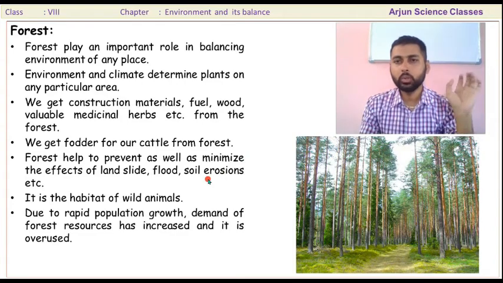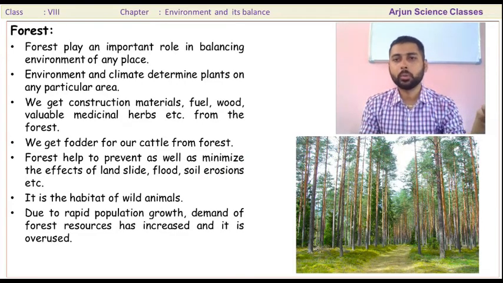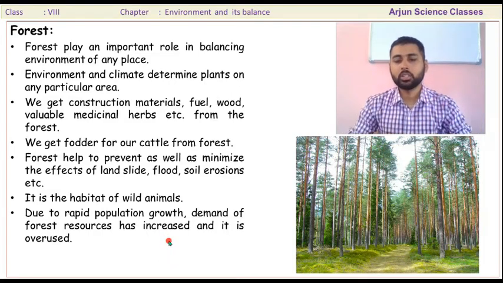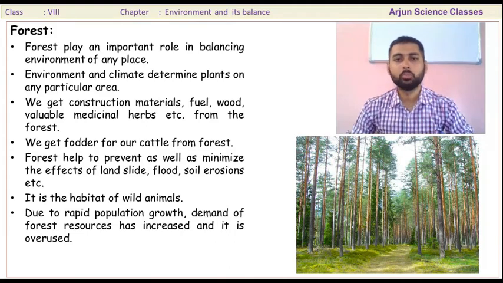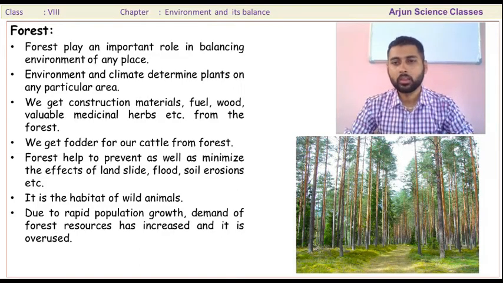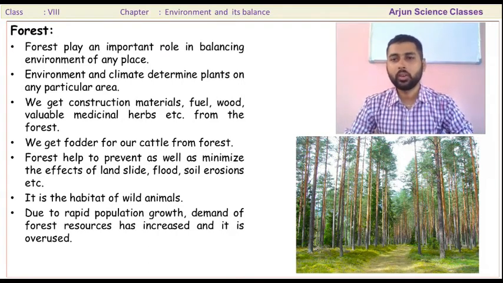And we know that due to rapid population growth, the demand for forest resources has increased. Limited land cannot hold more people. That's why people start to cut down the trees in the marginal area. Due to this, the forest resources of Nepal have decreased.